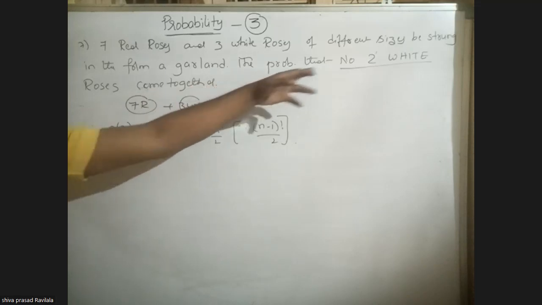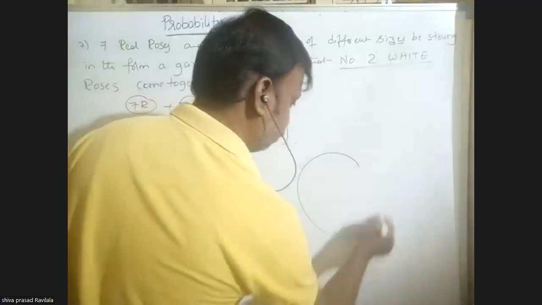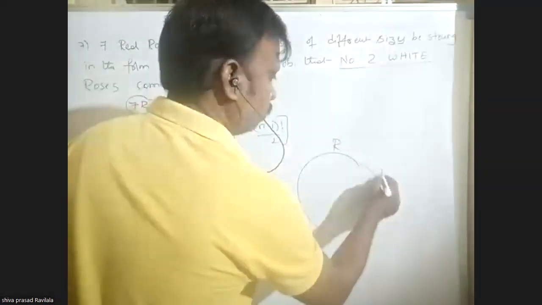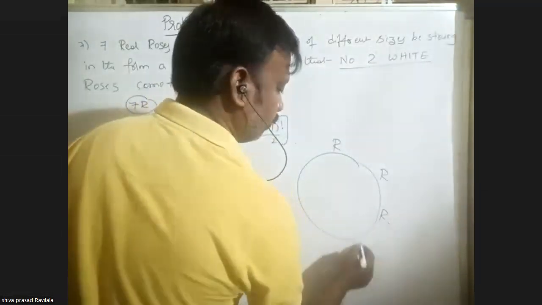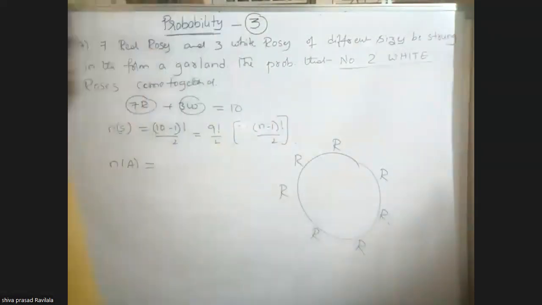And next, what is our condition? The probability that no 2 white roses come together. Therefore, first you arrange the 7 red roses in a garland. For example, 1, 2, 3, 4, 5, 6, 7.